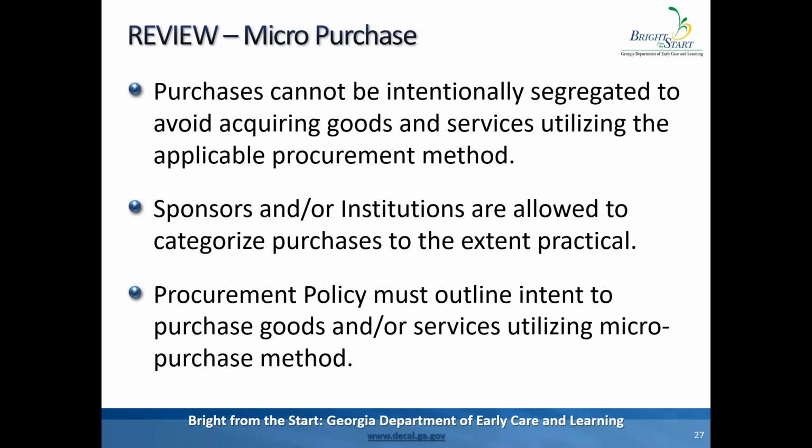Sponsors and institutions are allowed to categorize to the extent practical, and the procurement policy must outline the intent to purchase goods and or services utilizing the procurement method. And it's not just the procurement method. Your procurement policy must outline how you plan to purchase whichever method you utilize to purchase your supplies.